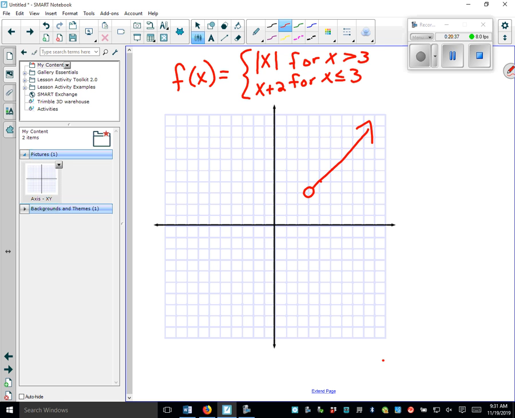Closed. I need another point. Can somebody give me another point? 0, 2. Very good. Because I had to be less than 3. So I think it's doing this. Isn't it? With an arrow on the end?